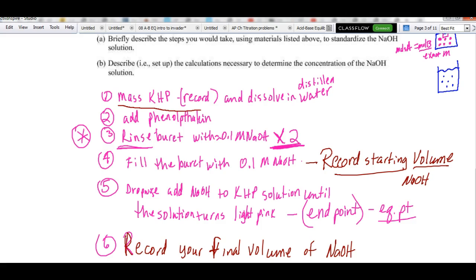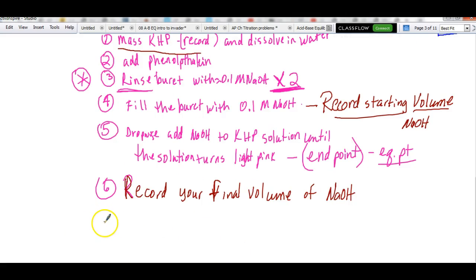And then for good measure, you're going to repeat the process to check your results.